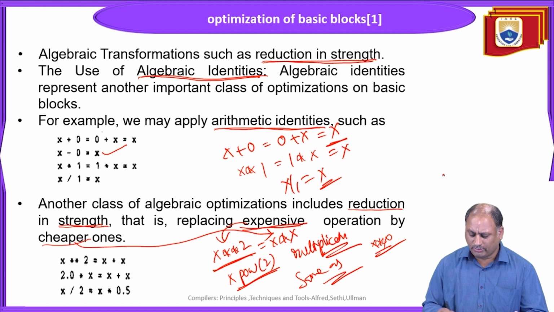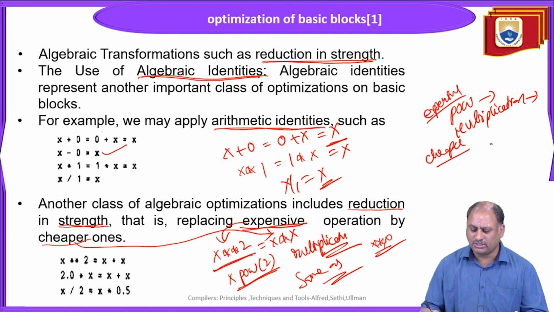Here we have replaced the power operation with the multiplication operation. Multiplication can be computed more easily compared to the power operation. So power is an expensive operation and multiplication is a cheaper operation.